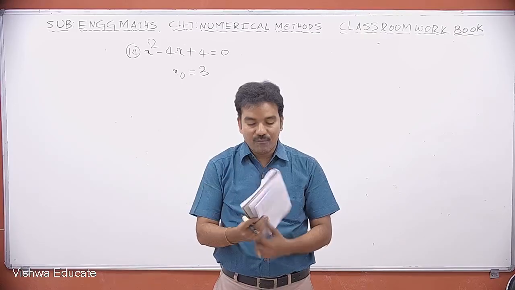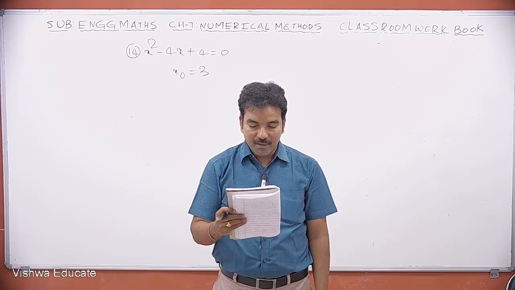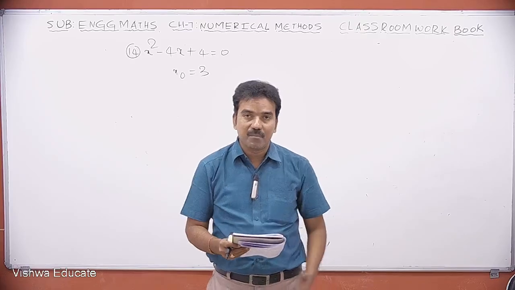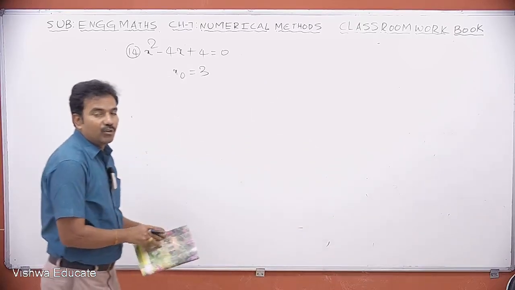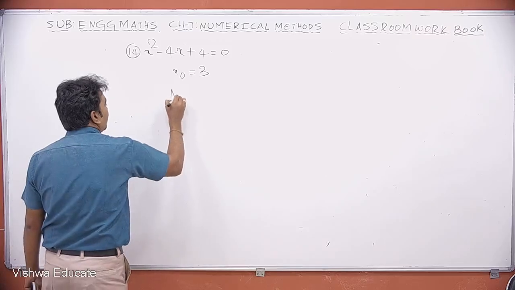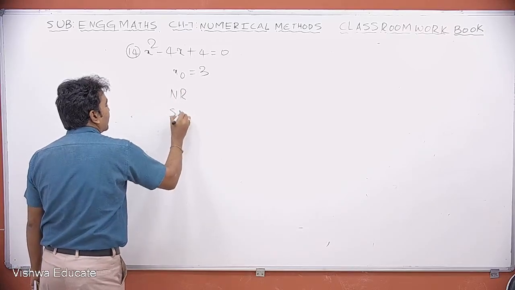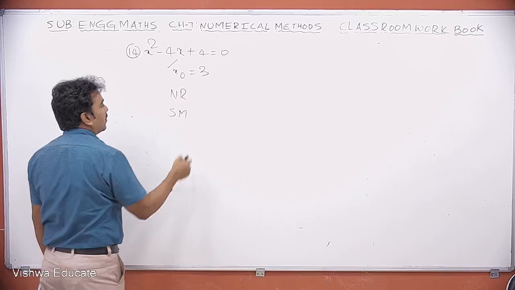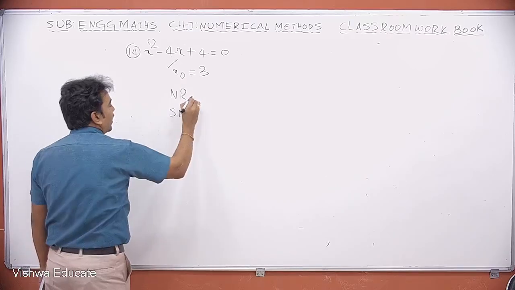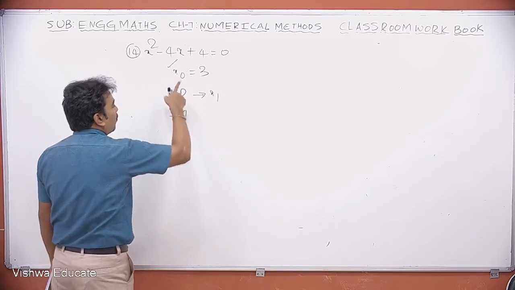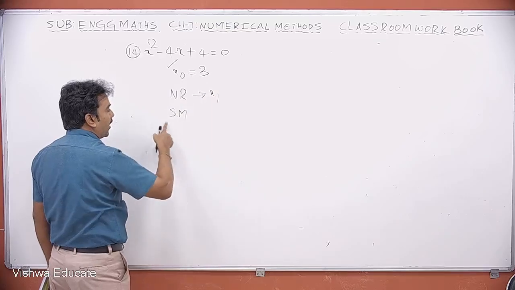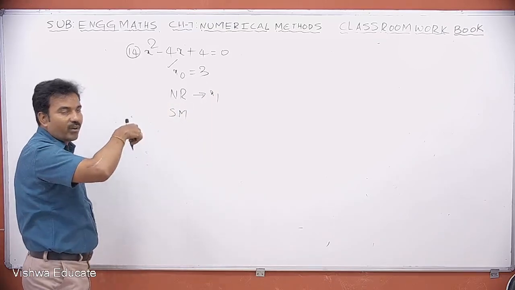What is the estimated value of the root after application of the secant method? So therefore we need to apply two methods. One is the Newton-Raphson method followed by the secant method. X0 is given as 3. Apply the Newton-Raphson method, we get x1. So based on x0 and x1, calculate x2 using the secant method, right?